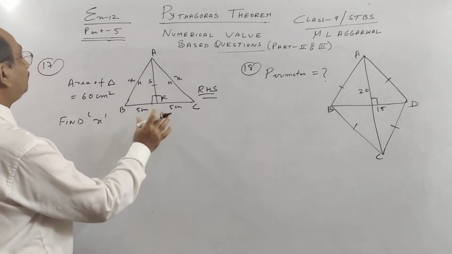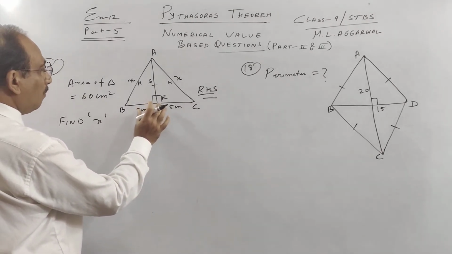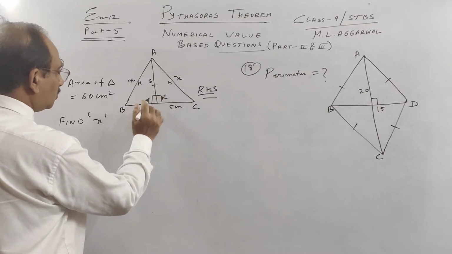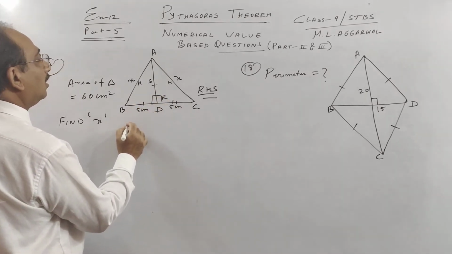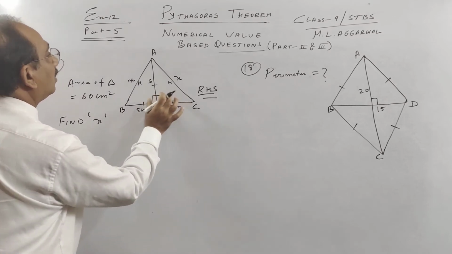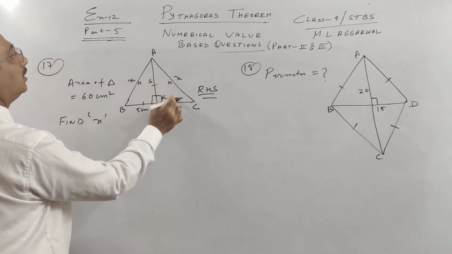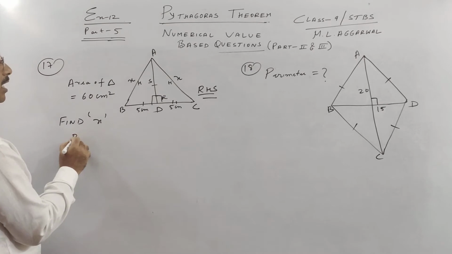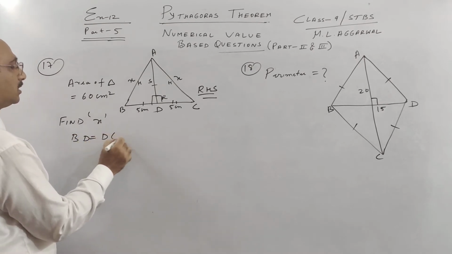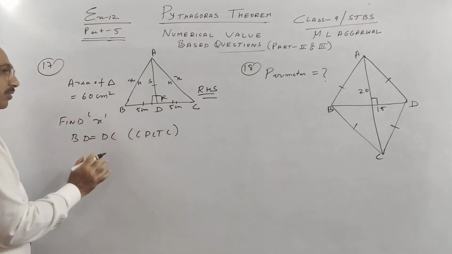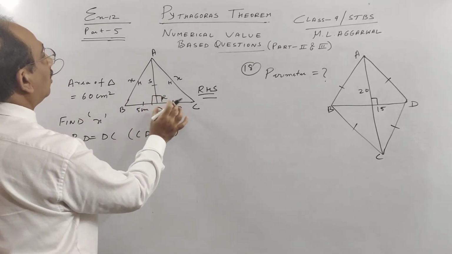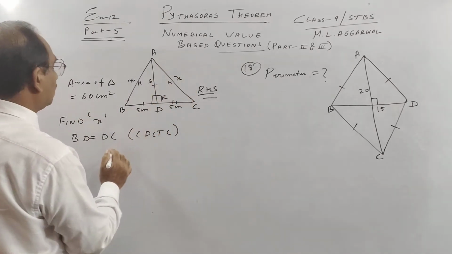So see that these two will be equal then. So finally what happens, children, we get these two triangles congruent, these two are equal. So we have BD is equal to DC, by CPCTC, because they are congruent. Now it's very easy, see, children. We have to find the side of the isosceles triangle.